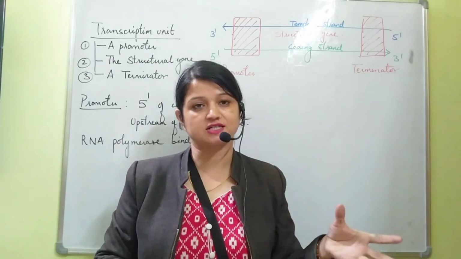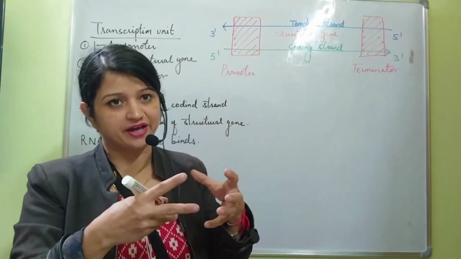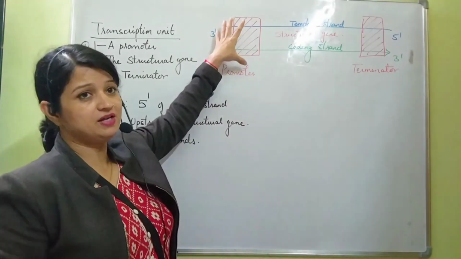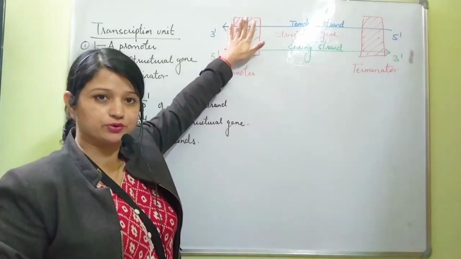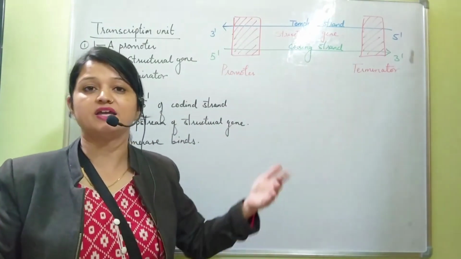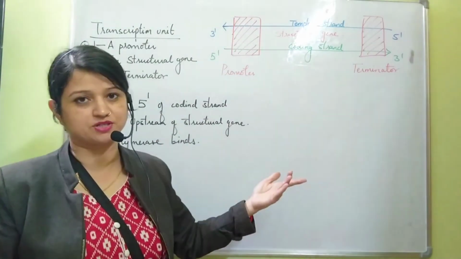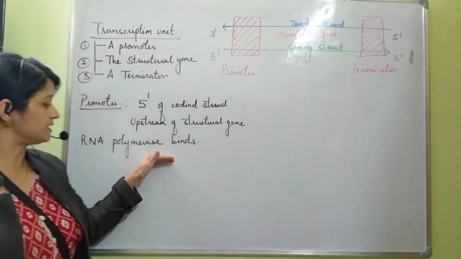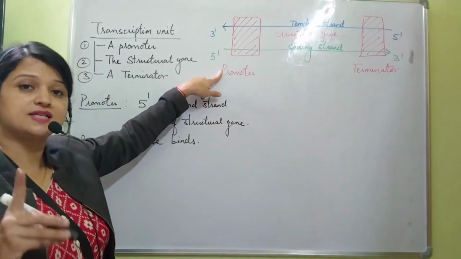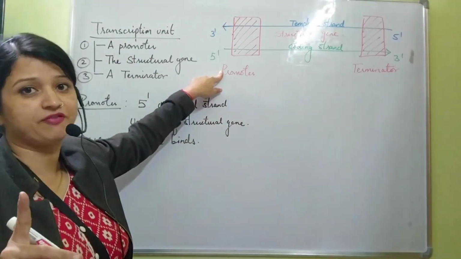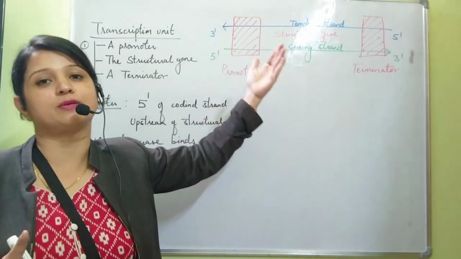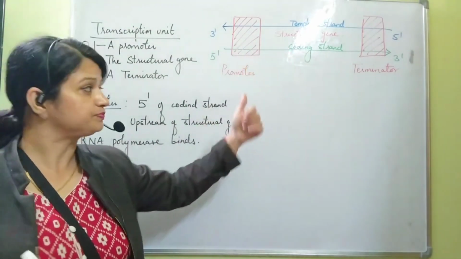So the sigma factor will come and bind to the RNA polymerase, and with its help it will recognize the promoter region. Sigma factor will also help in the initiation of transcription. So the important thing is that RNA polymerase will bind to the promoter, first. Second, it requires the sigma factor for the recognition of the promoter site and to start the process of transcription.